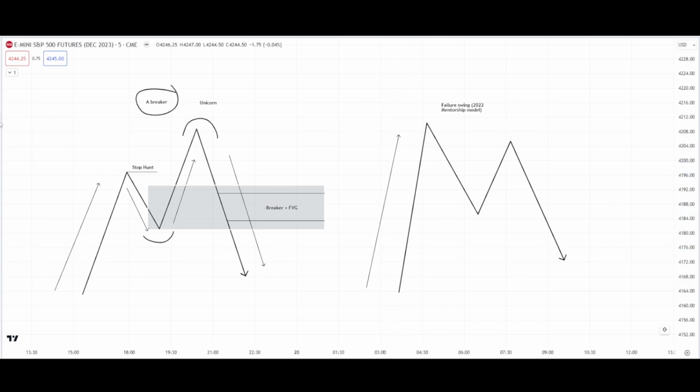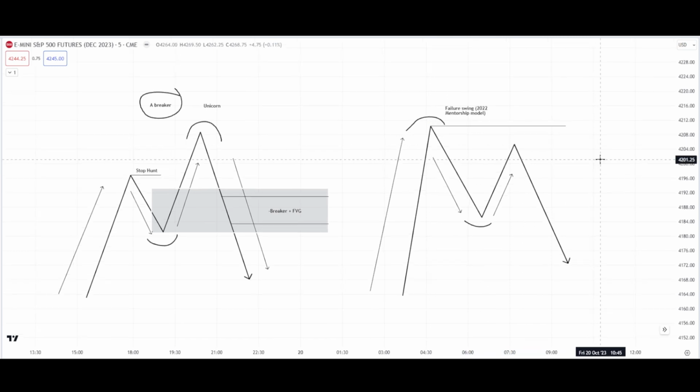Price creates an initial swing high. Then price makes a move lower. A short-term swing low is created before we see another move higher. The second move higher fails to create a stop hunt.